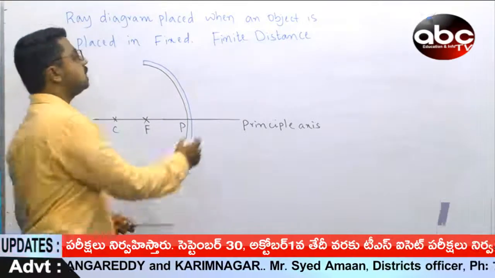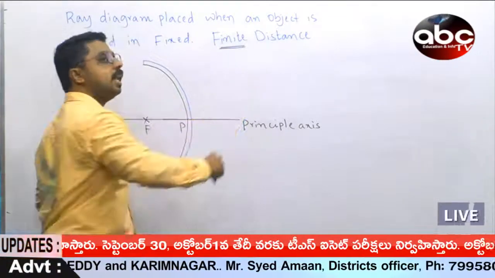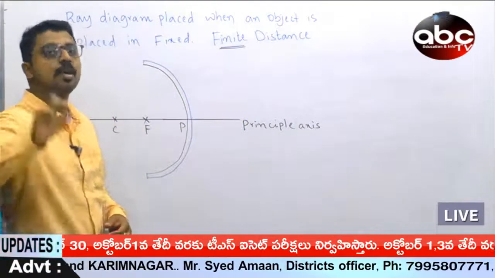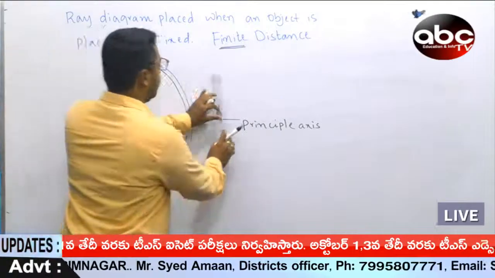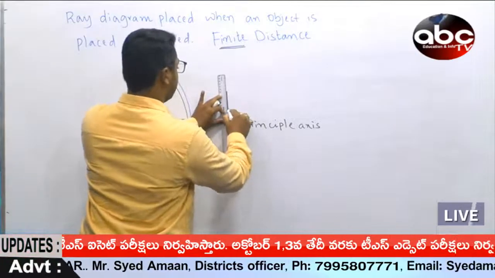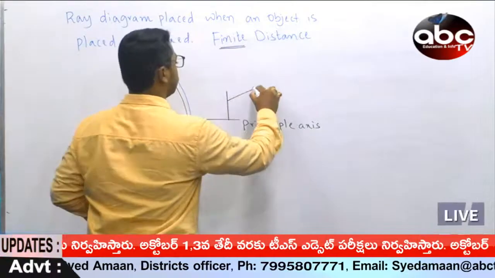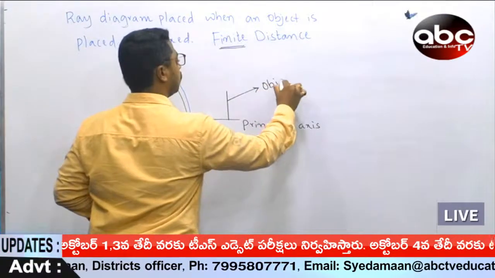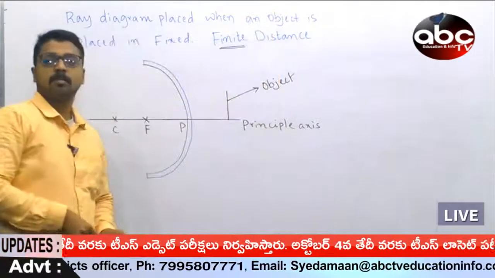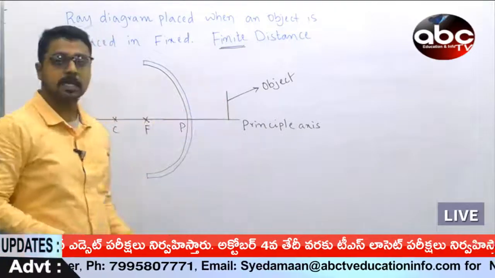So let us take a finite distance. Finite distance is a fixed distance, a known distance. Let us suppose an object is placed here.